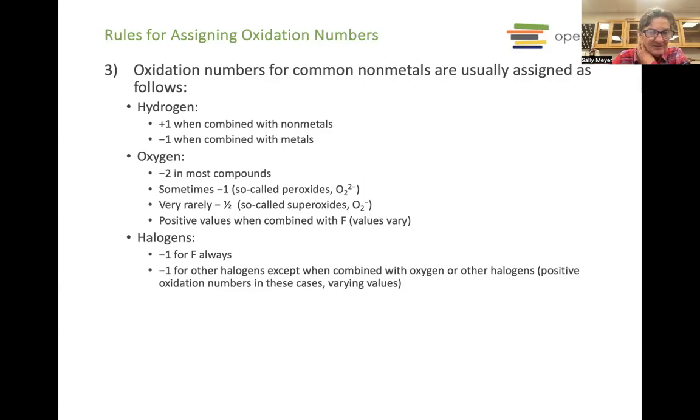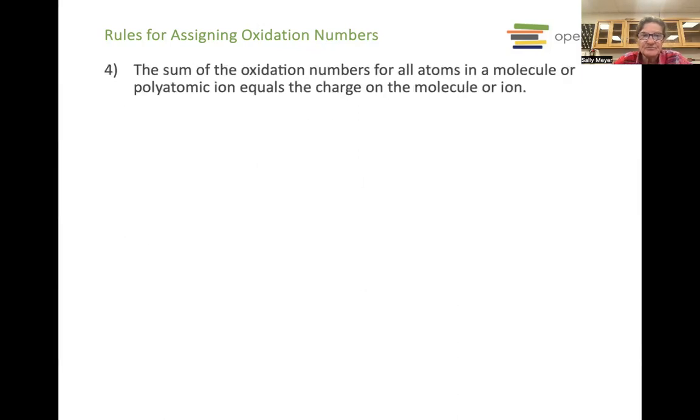And it has positive values when combined with fluorine. You have to be told those three: the sometimes, the very rarely, and when it's positive. In general, oxygen is -2. Halogens are -1 for fluorine always, and -1 for other halogens, except when combined with oxygen or other halogens. We'll look at some of those cases.